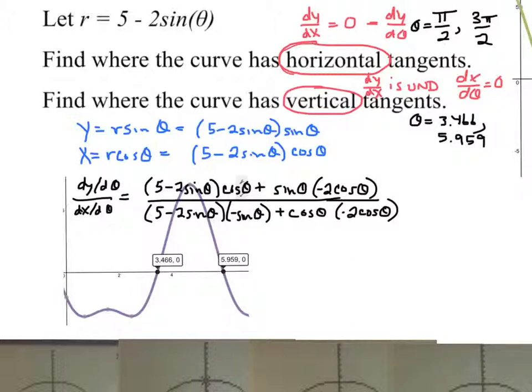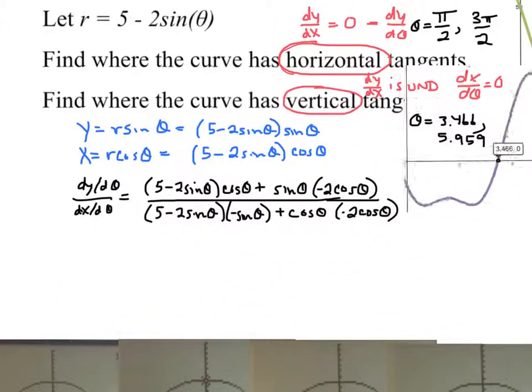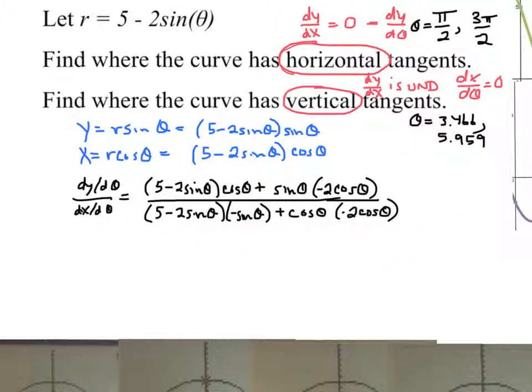So again, I just isolated them basically. I said, you know what, I want to know when dy d theta is 0, so I graphed just dy d theta, and I saw what its zeros were. Easiest way to graph it is in your just y equals. Don't try and graph this in polar. And then I said, well, to find vertical, I want to know when dx d theta is 0. So I graphed that just by itself.